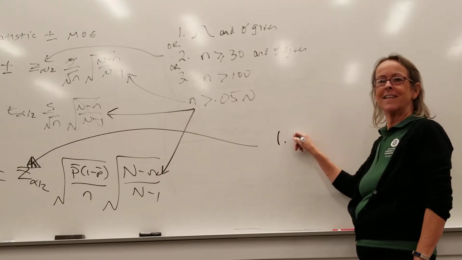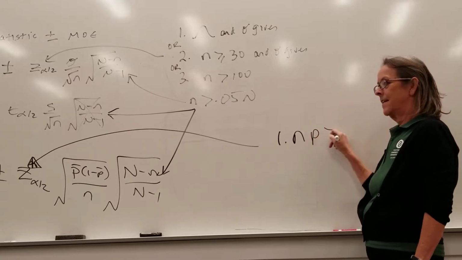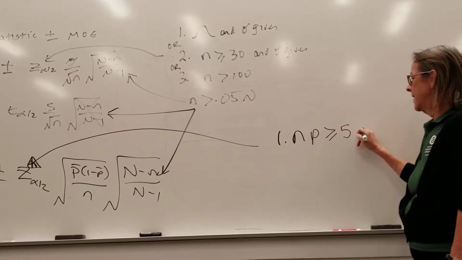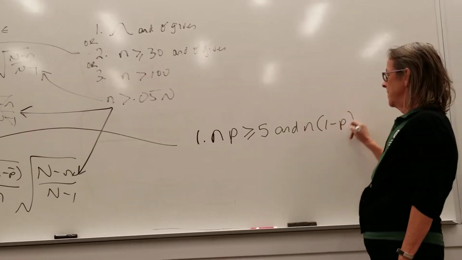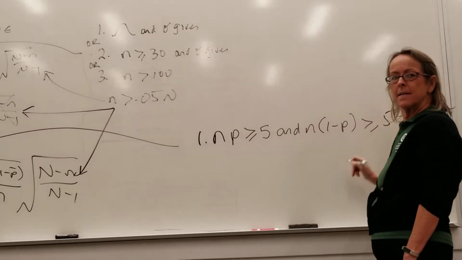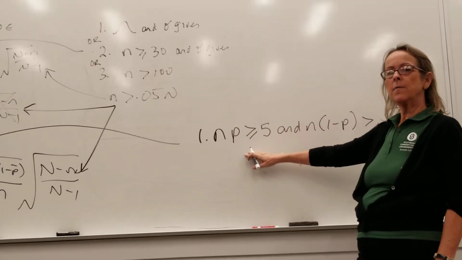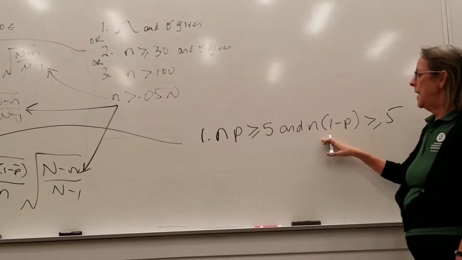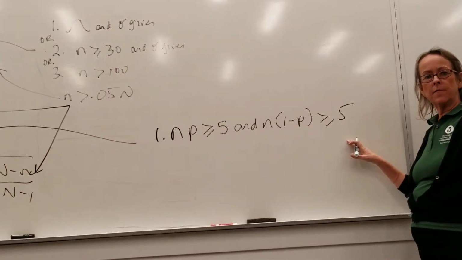N times p is greater than or equal to 5, and n times 1 minus p is greater than or equal to 5.